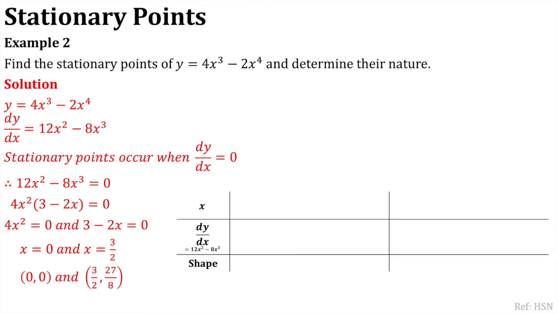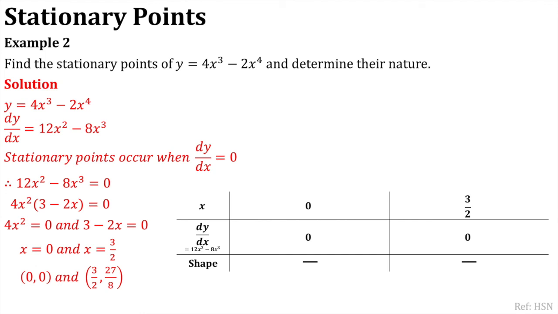Now, we have our stationary points, so we now need our nature table to find out what the nature of these points actually is. So we've got our x coordinates 0 and 3/2, and we know at these points that we have dy by dx equal to 0, the gradient is equal to 0, and the shape of those, we just denote a wee dash, a wee horizontal line.